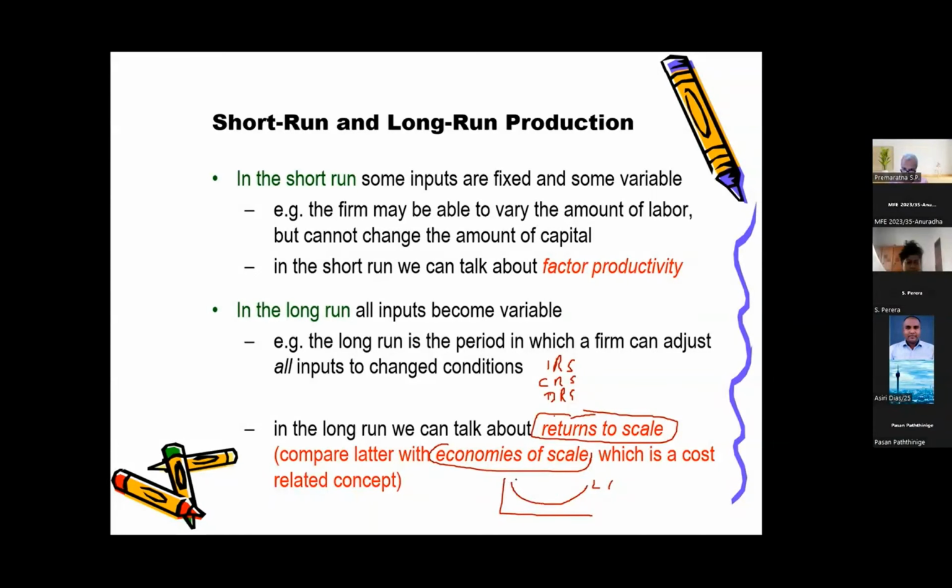The negative slope side of the long run average cost curve is economies of scale, then the positive slope is diseconomies of scale, which is decreasing returns to scale. The constant returns to scale is the flat point at the minimum point.